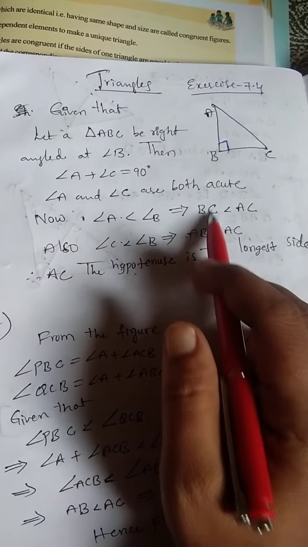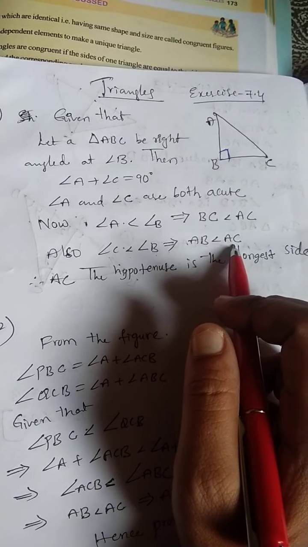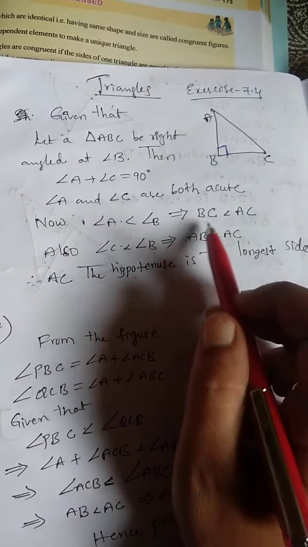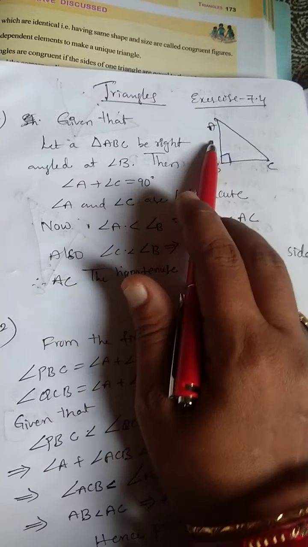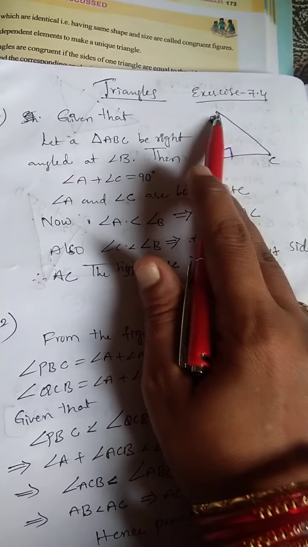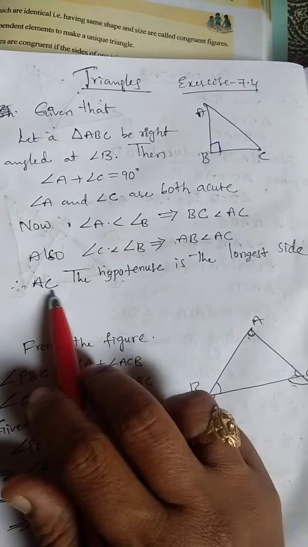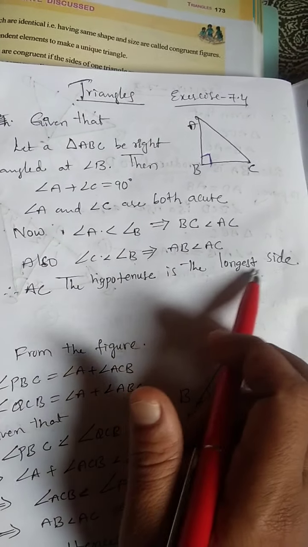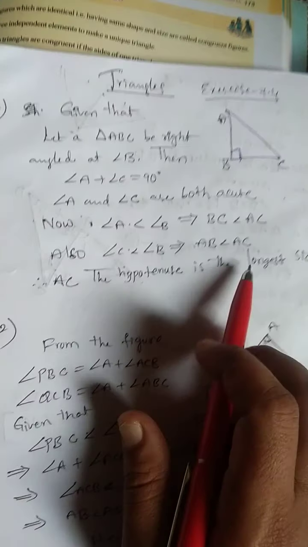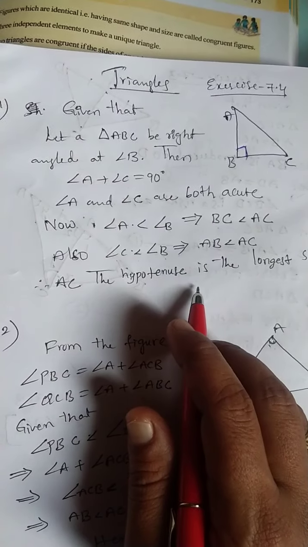So in both cases, AC is greater when compared to the remaining two sides, BC and AB. So AC, the hypotenuse, is the longest side. That is our requirement.